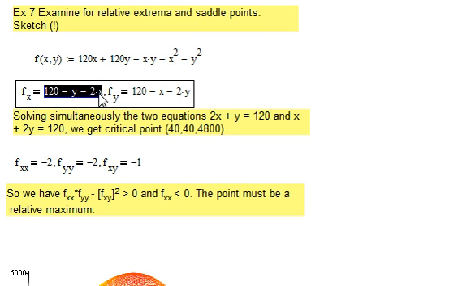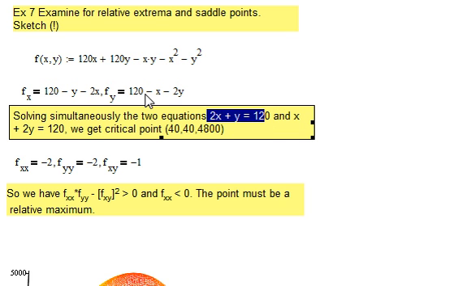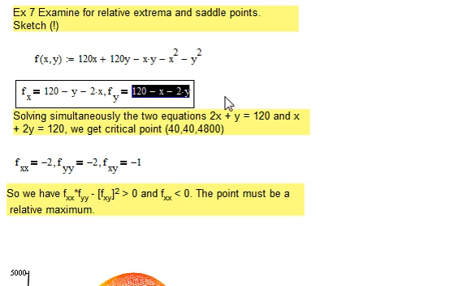If we solve simultaneously, this would be y plus 2x equals 120, and this one would be x plus 2y equals 120.